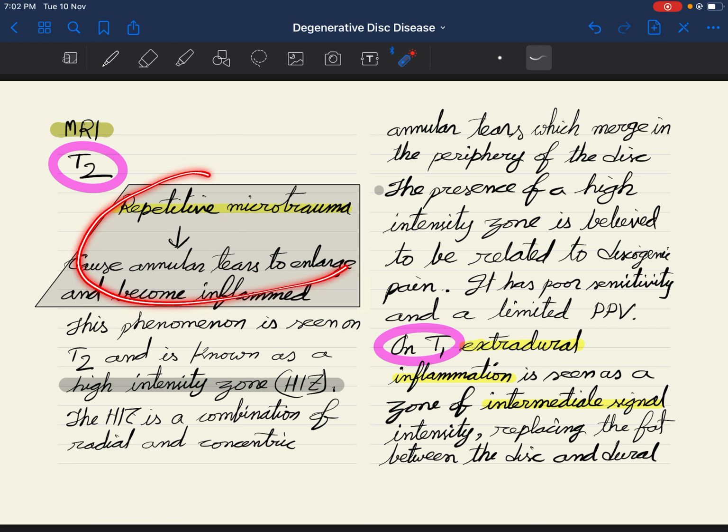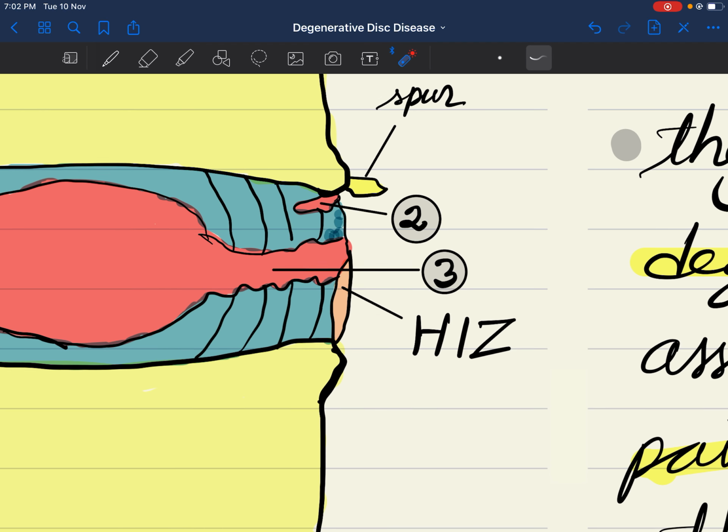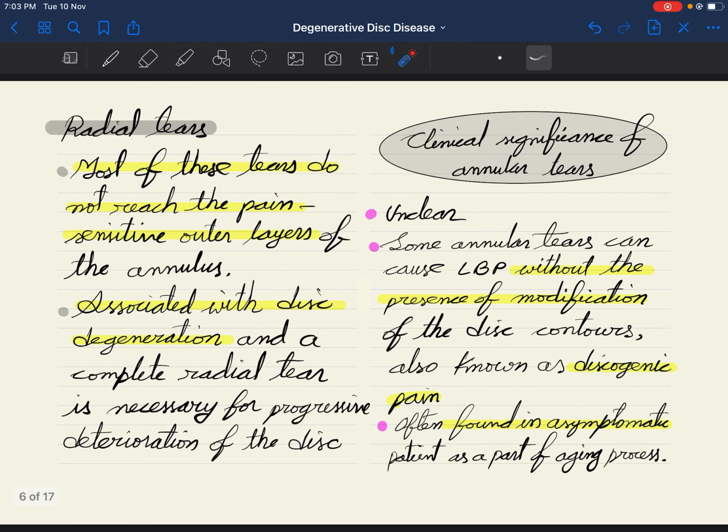This phenomenon is seen on T2 weighted images, and this is known as the high intensity zone. So, in the picture, it is the annular tear caused by repetitive microtrauma, and repetitive microtrauma causes the annular tear to enlarge. So, this is the high intensity zone.